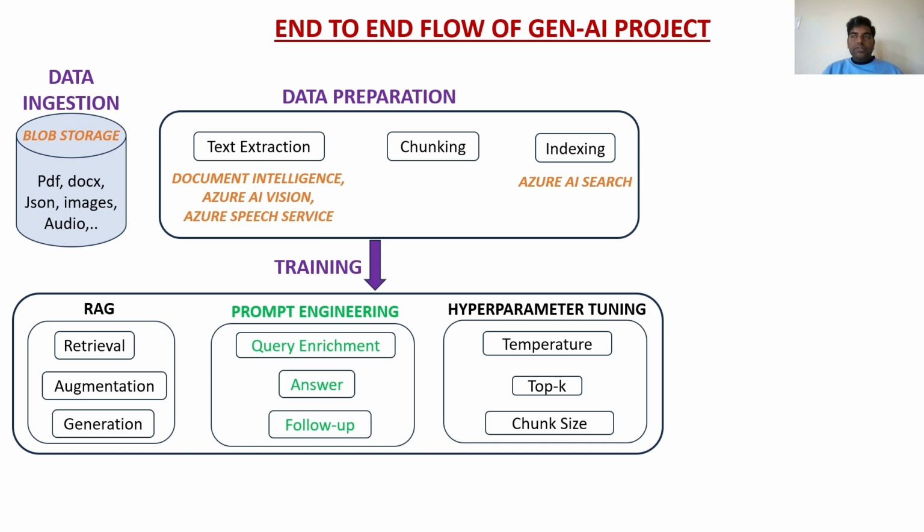At the end of this series, there'll be a video in which I'll be demonstrating the entire flow using Python code. For now, it's an overview. RAG stands for retrieval, augmentation, and generation, and this is more significant when we use an organization-specific knowledge base.